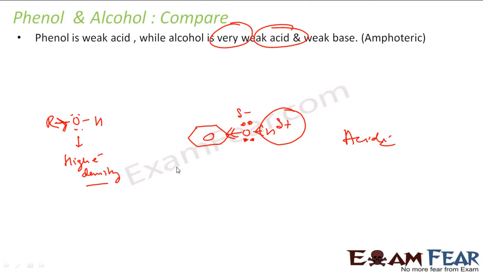Correct. Also, this has partial double bond character. If you draw the resonance, you'll see that this bond has partial double bond character, so it is difficult to break this bond, but this bond it can break. So it is all the more acidic because this bond is difficult to break, right?